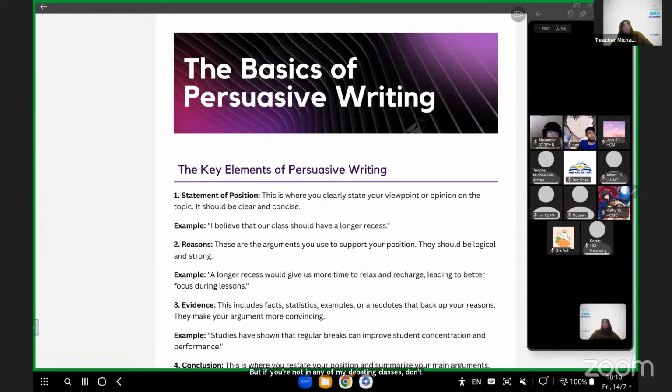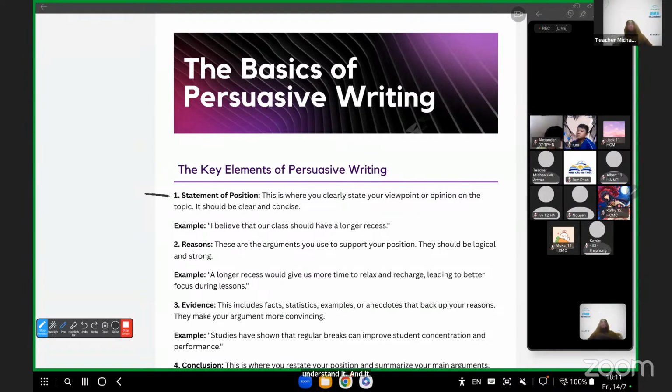So the first thing we need to do is we need to have a statement of position. This is important because this is where we clearly state our viewpoint or our opinion on a topic. We need to make sure that it is very clear and very concise. That means everybody needs to be able to read it and understand it.